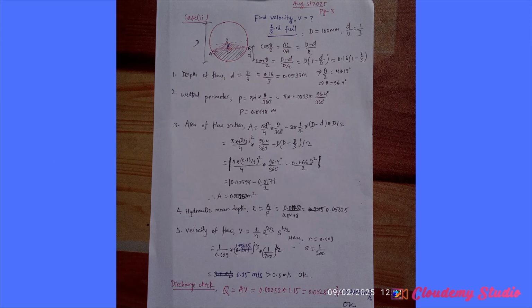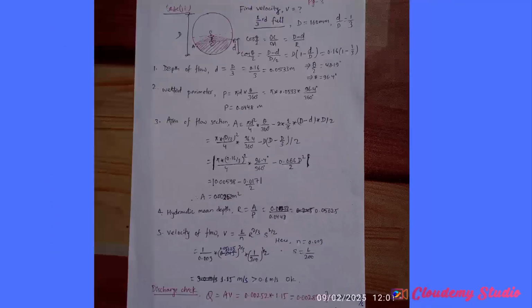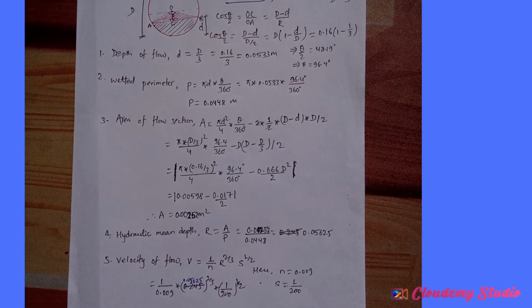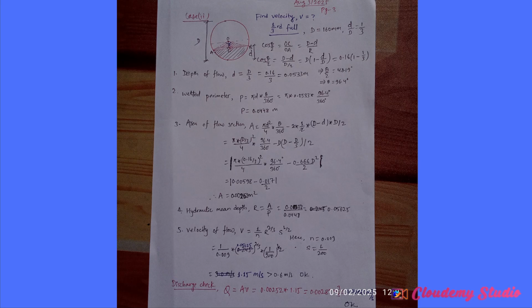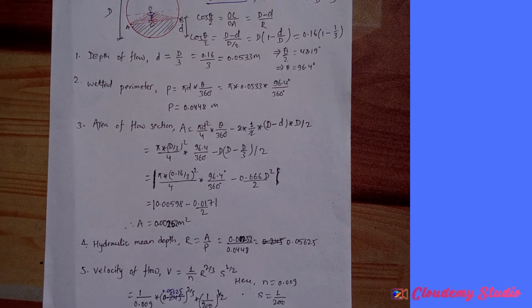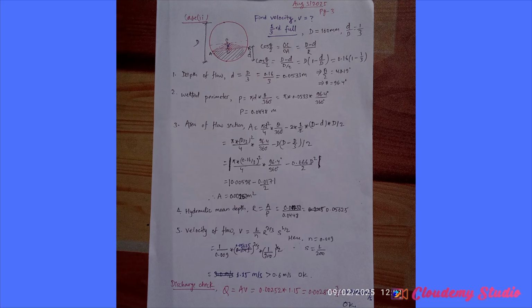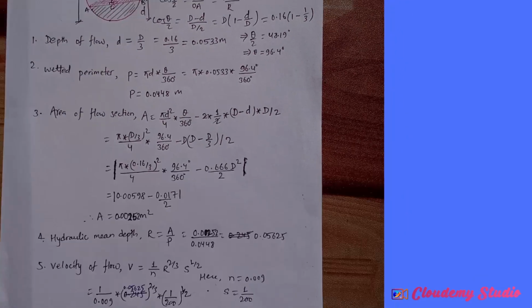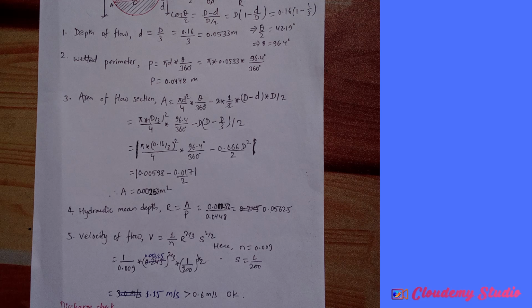Hydraulic mean depth is similarly calculated, and the velocity of flow comes to be 1.15 meter per second.